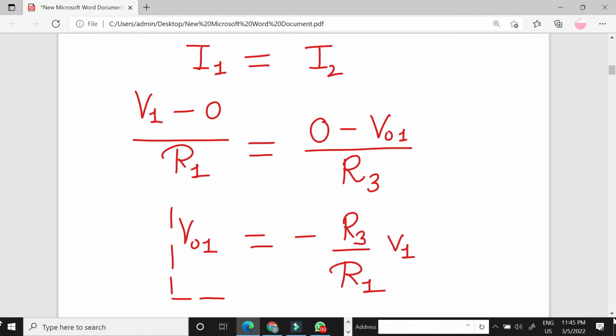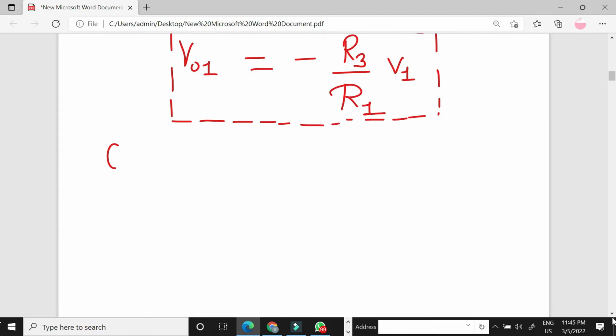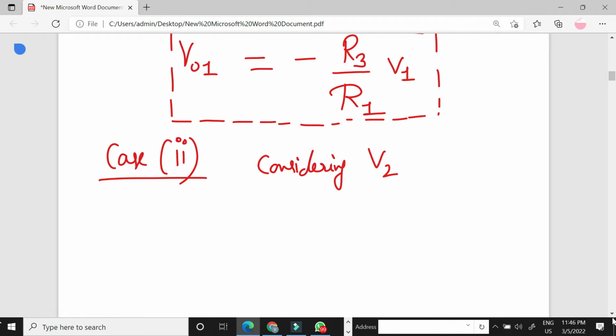I think all of this has been understood. Now case 2, considering V2 and V1 is grounded. V1 is grounded.